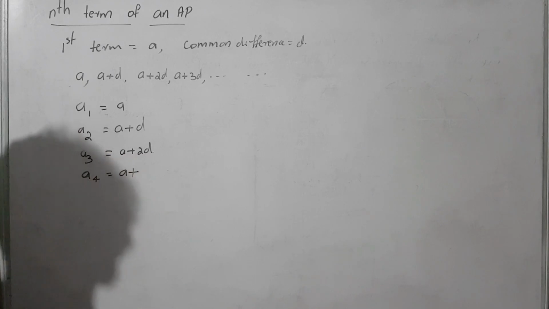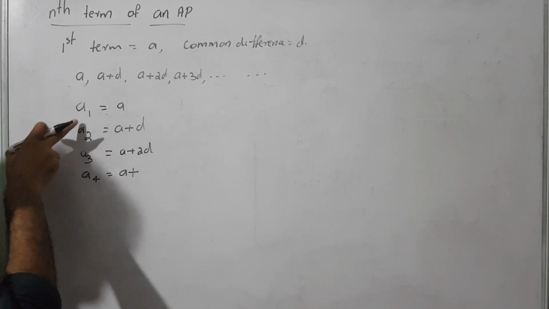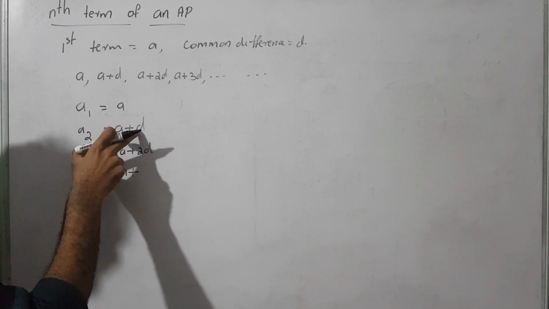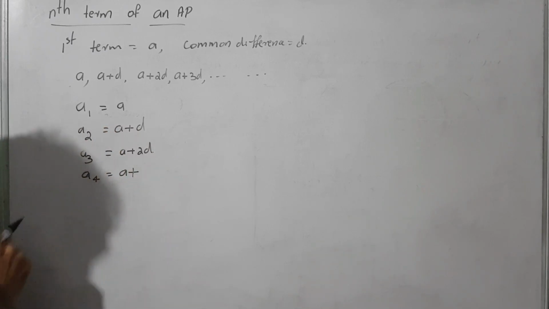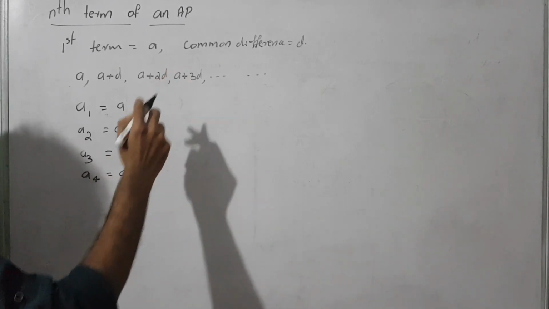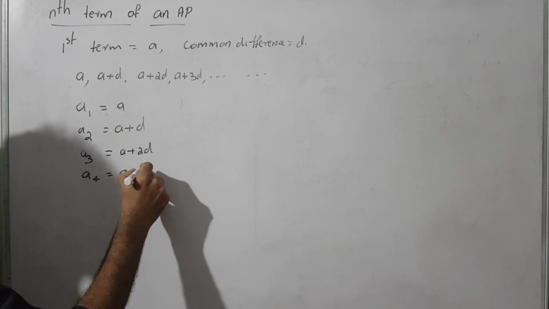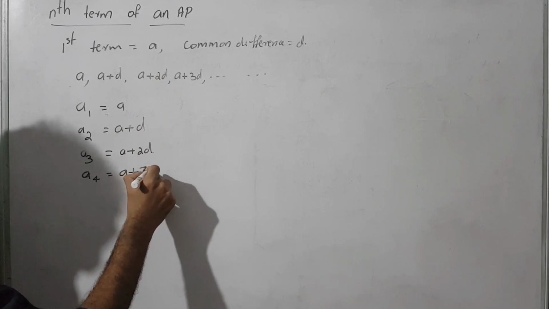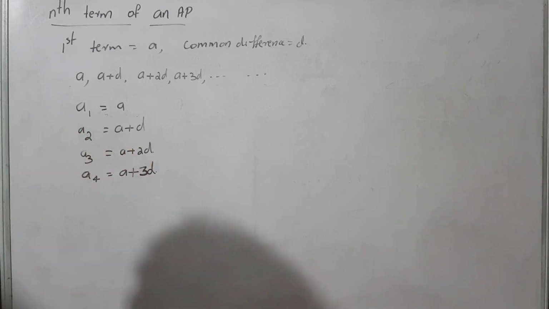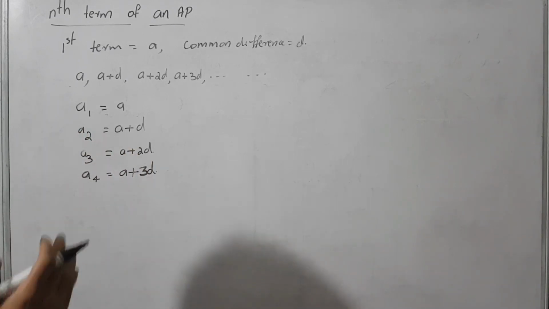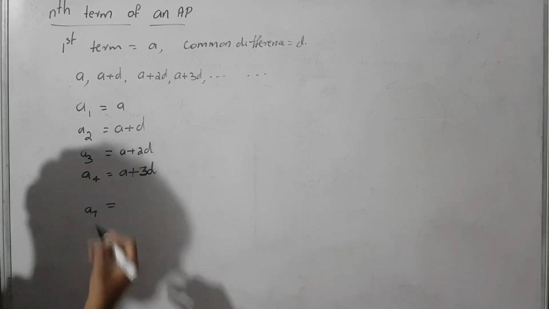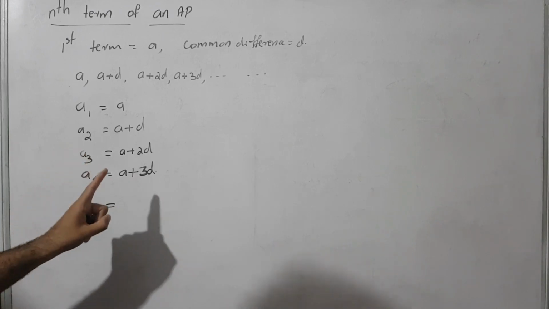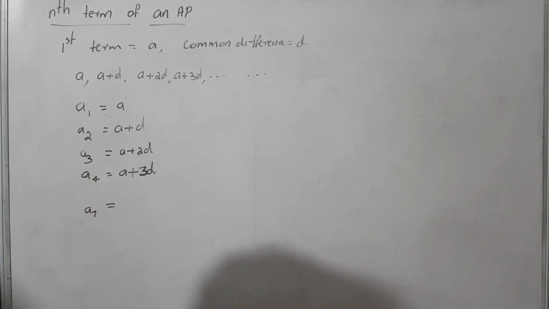Then if you need to write the fourth term A4, how many times do we add the common difference to the first term? As like this, for the second term we add 1 time, for the third term 2 times. For the fourth term, how many times do we add? Yes, A plus 3D, 3 times. If you find the seventh term, how many times do we add the common difference to A?